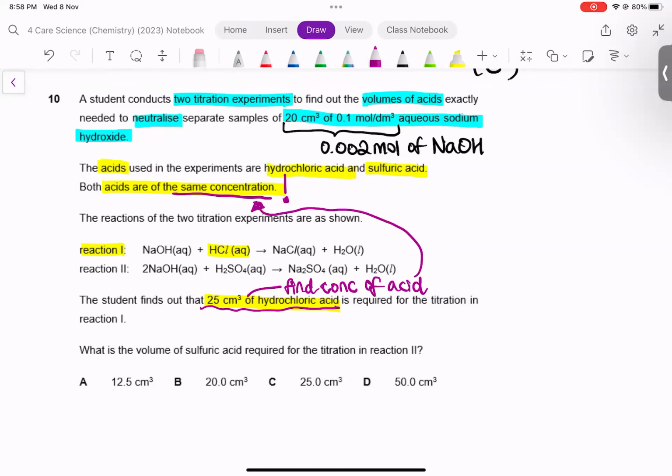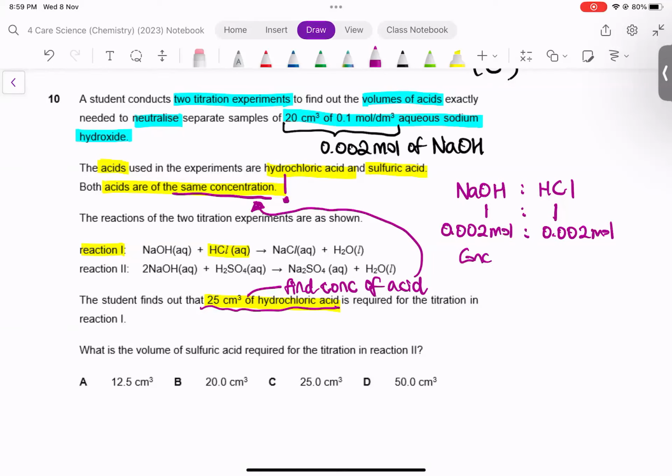I need this. If I don't have the concentration, I will not be able to find the answer for the volume of sulfuric acid later. So how do we do this? Mole ratio of NaOH to HCl, 1:1. So 0.002 moles of NaOH is to 0.002 moles of HCl.